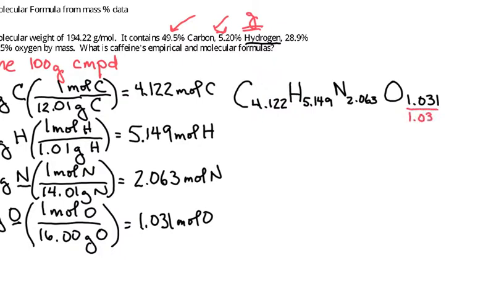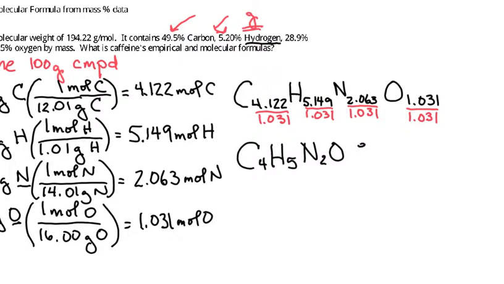Our lowest number is our moles of oxygen, that 1.031. So we're going to take every single one of these subscripts and divide by the lowest number of 1.031. That gives us an empirical formula of C4H5N2O. This is the empirical formula.